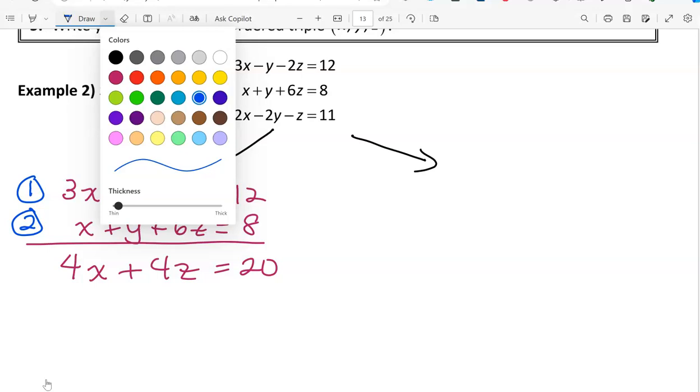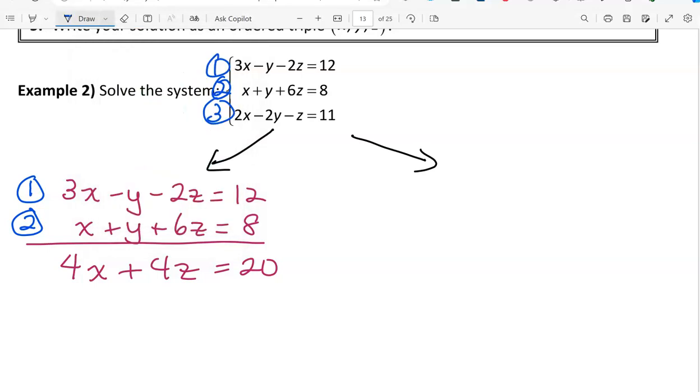Next, I'm going to pick a different pair. So since we used 1 and 2, we can either use 2 and 3 or 1 and 3. But I want to make the y variable go away again. So I'm going to use equation numbers 2 and 3. And in order to make the y disappear here, we're going to have to multiply equation 2 times 2.